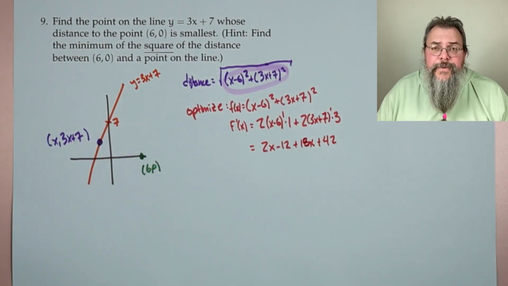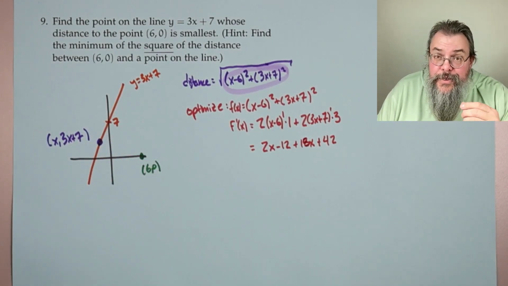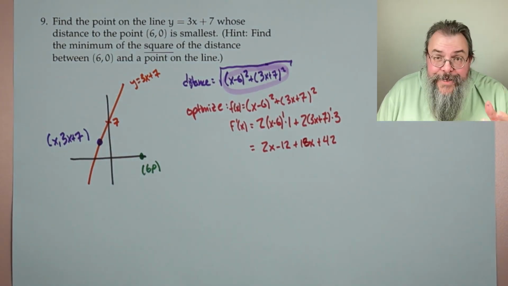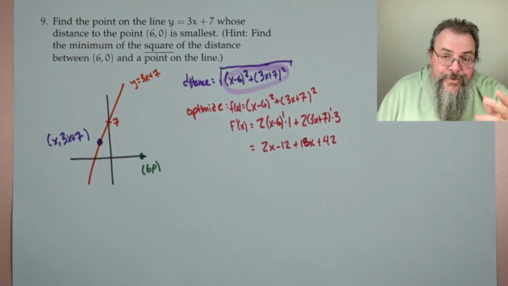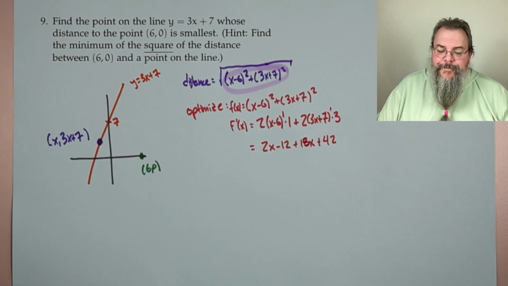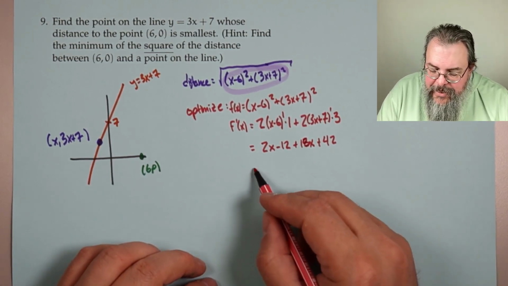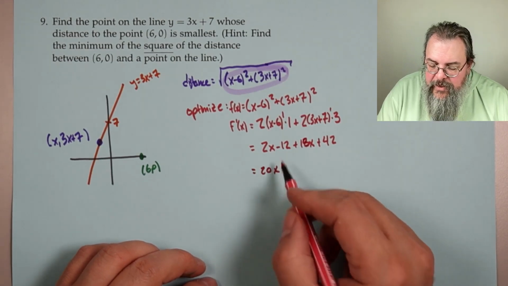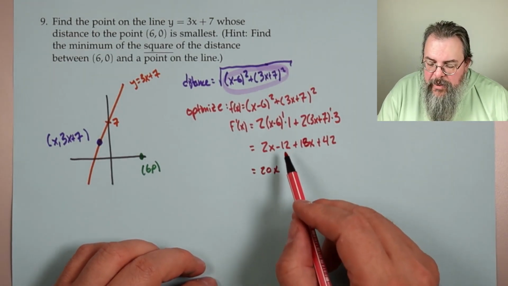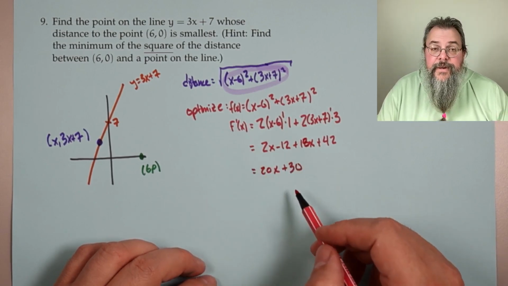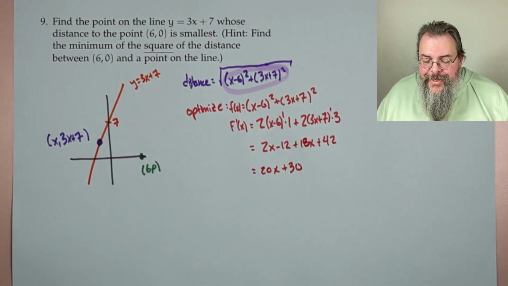As the great philosophers have said, you should check yourself before you wreck yourself. It's true. Okay, so now, that's really 20x, 2 plus 18, and minus 12 plus 42 is 30. Okay, so that's the derivative, always defined.